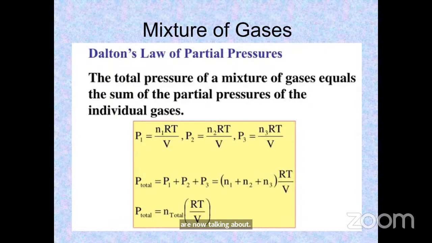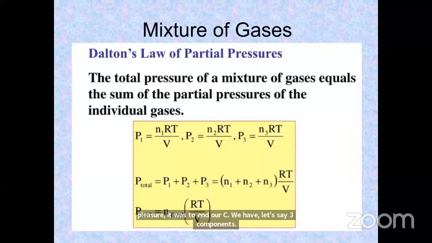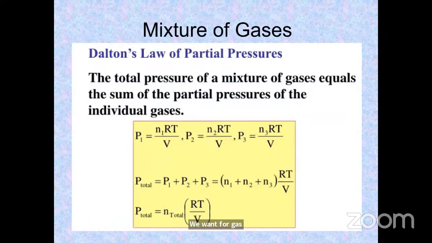So if we have pressure equals nRT over V, and we have, let's say, three components, P1 for gas 1, P2 for gas 2, and P3 for gas 3, if those three gases are in a mixture, it means that the pressure of gas 1 will be equal to the number of moles of gas 1 multiplied by RT over volume. And then the pressure of gas 2 will be the number of moles of gas 2 multiplied by RT over V.